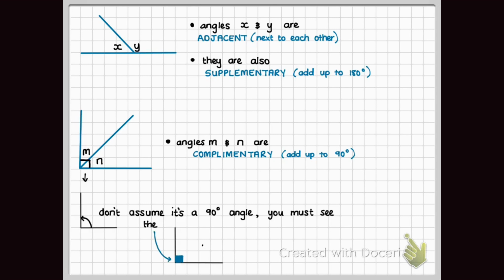That block tells us that the angle is equal to 90 degrees. So don't just think, because you see two lines that look like they are at a 90 degree angle, that it's going to be 90 degrees. You have to look specifically for that block symbol to indicate that it's equal to 90 degrees.